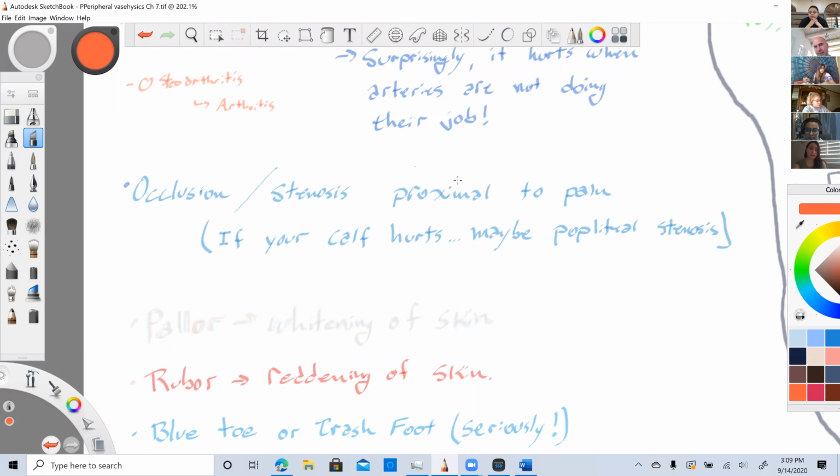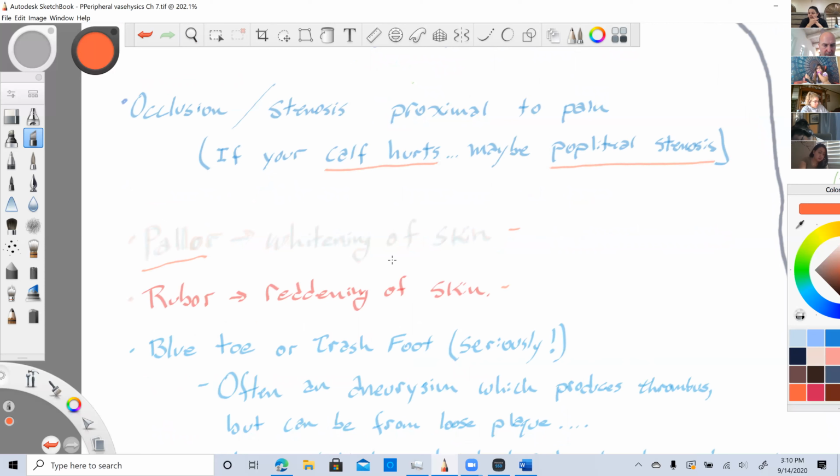We normally don't expect the skin to whiten, but what can happen is if you raise the leg, and by the way, people usually have venous disease or arterial disease. I don't think I ever saw a patient with at least bad disease of both, probably because they're dead. So it's either one or the other.